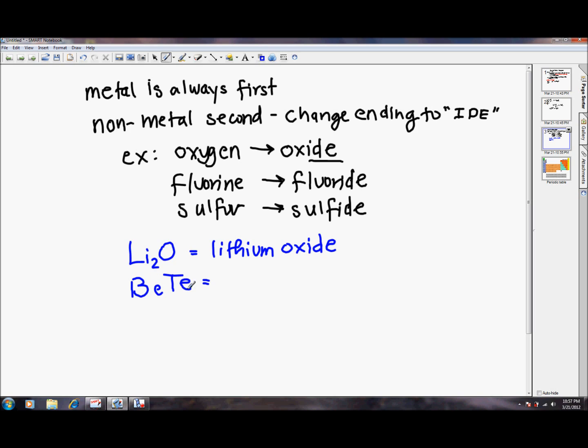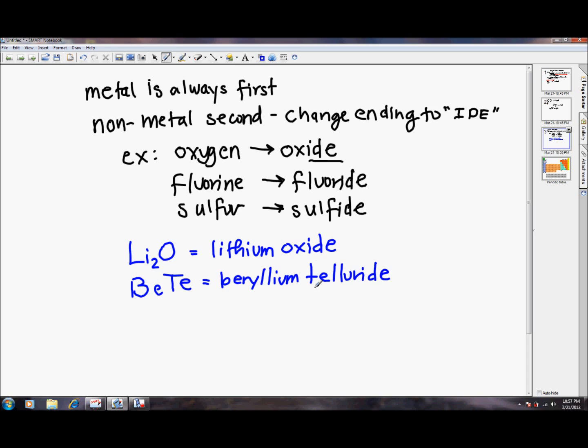This is Be, this is beryllium, this is a metal. Remember, the metals are always first, so be looking usually at the left side of the table first. Te is the nonmetal tellurium, and so it's going to be called telluride.